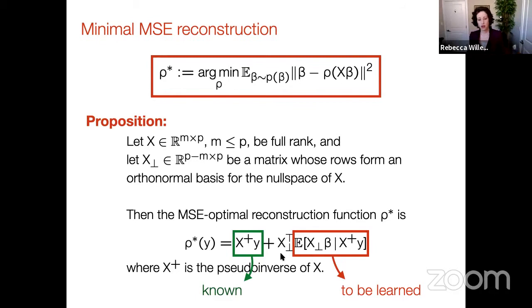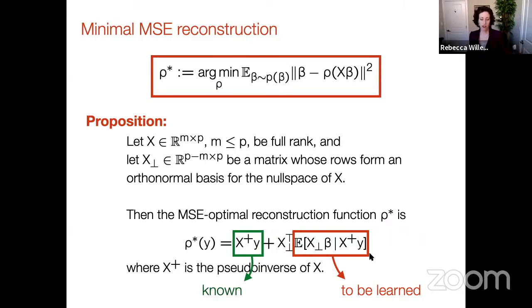And that's going to get added to the orthogonal subspace of X transpose times a conditional expectation. So in red here in this box, I've got a factor that is something that I don't know, that I'm ultimately going to have to learn from data. Everything else in this expression is something that I know.